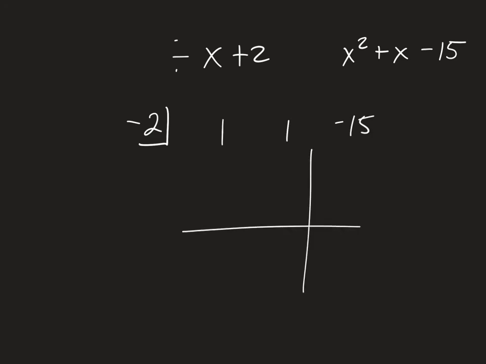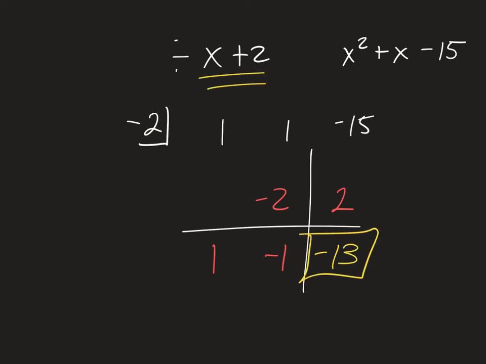So this would be 1, negative 2 times that goes here. That gives me negative 1. So this one will have a remainder. Remember this, if it has a remainder, that means that it is not a factor to the function. This one has a remainder of 13, which means x plus 2 is not a factor of x squared plus x minus 15, excuse me.